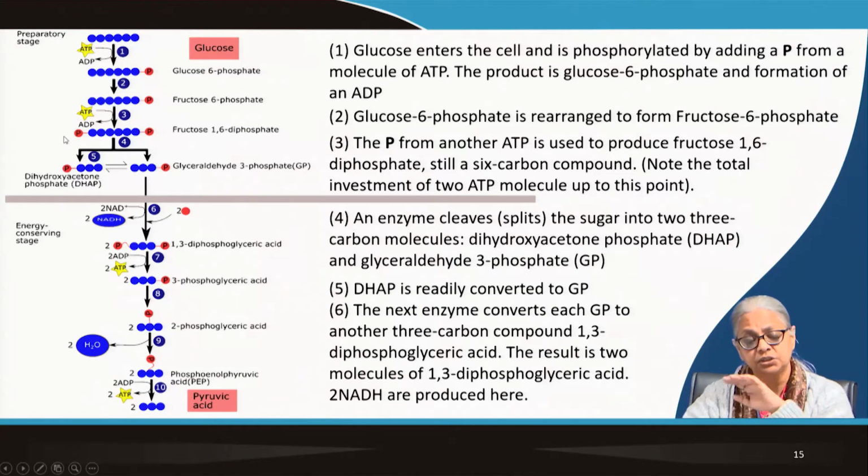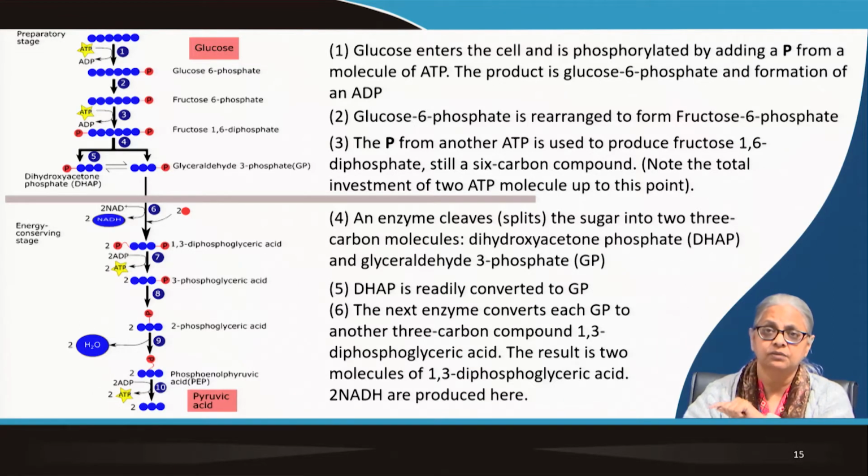Now each step of these reactions is mediated by a specific enzyme. We are not interested in that level of detail, but if you are interested, you can refer to the textbook. So here we have C6 going to C3 compounds. We have two C3 compounds, dihydroxyacetone phosphate, DHAP, and glyceraldehyde 3-phosphate, or G3P.